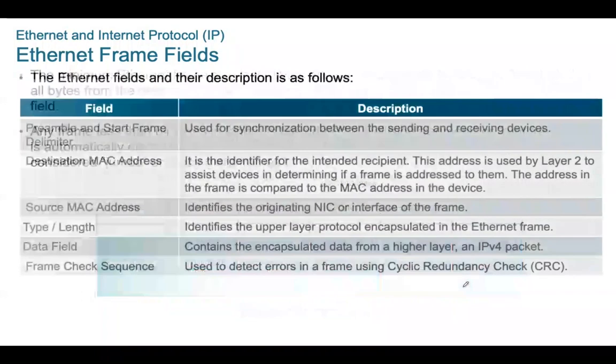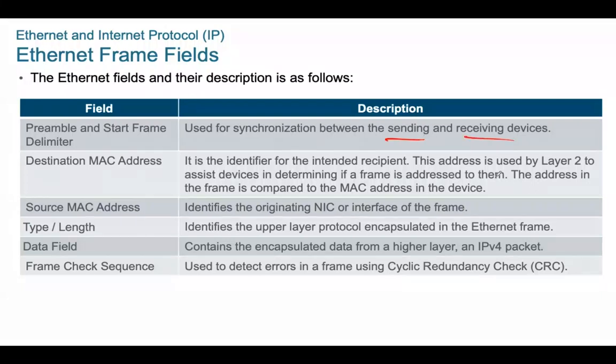As said, the preamble and start frame delimiter, the first 8 bytes, are used to synchronize the sender and receiver devices. That means if the sender is able to send 1 GB of data, the receiver should be able to receive 1 GB of data, at the same speed. If the sender is sending, suppose, 5 Mbps, the receiver should also be able to receive the same 5 Mbps.